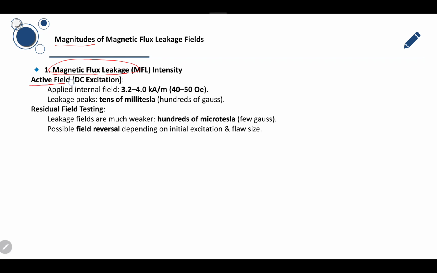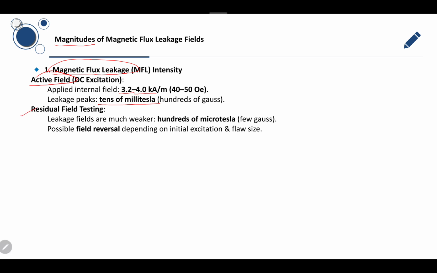In the active field, the typical applied internal field is between 3.2 to 4.0 kA per meter. The resulting leakage peaks are generally in the range of tens of millitesla, hundreds of Gauss. These are relatively strong and easier to detect.